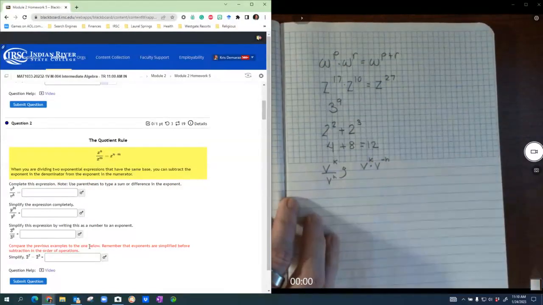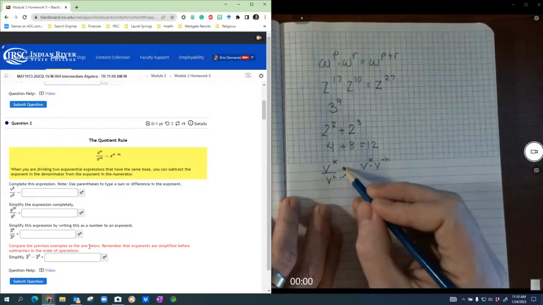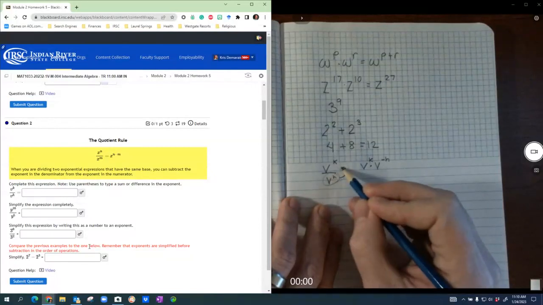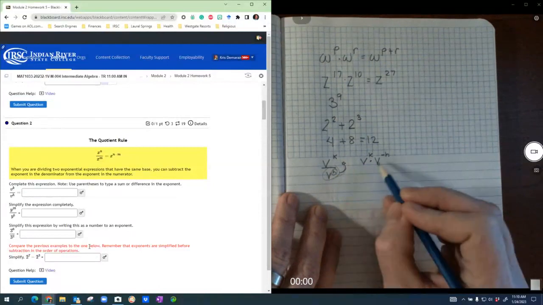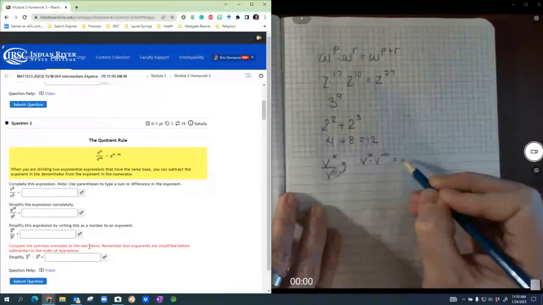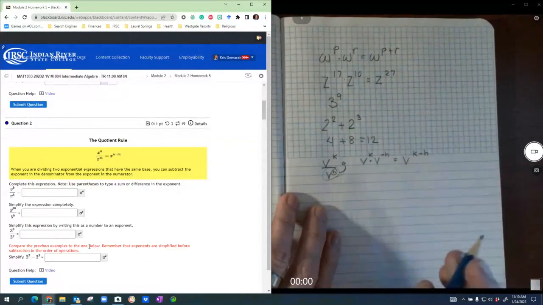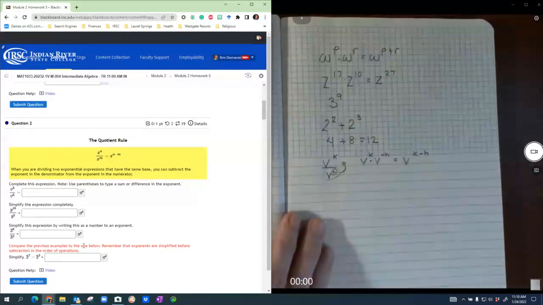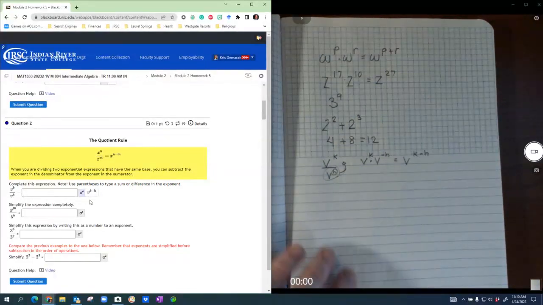I wanted to show you that. You bring this whole thing up to the top, and then you switch the sign of this exponent, and that's why it becomes like that, and you can proceed to do this. So our answer is b raised to k minus h, obviously.